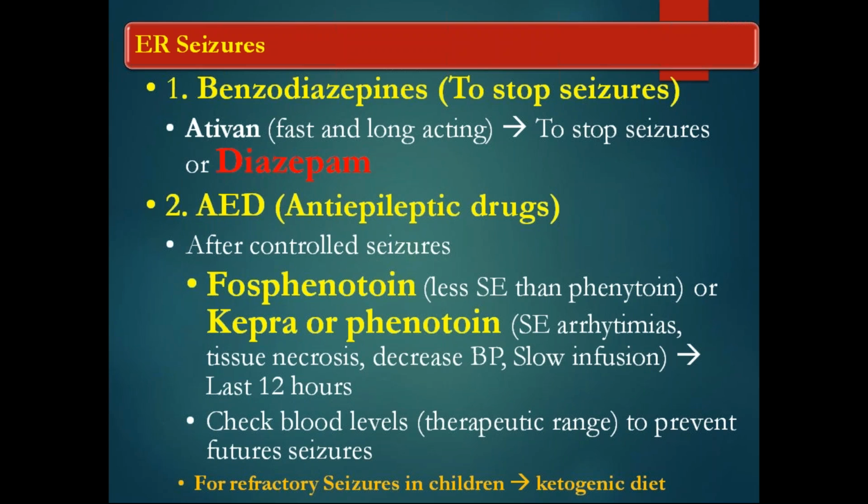If you remember, ketone bodies are produced by fat. So that means the diet is going to be low in protein and low in carbs, but high in fat. Okay, so that is one of the measures in cases of children with refractory seizures. What are refractory seizures? That means it is seizure after seizure, seizure after seizure, right? Not in the same day, of course, but they are going to have very frequent seizures.